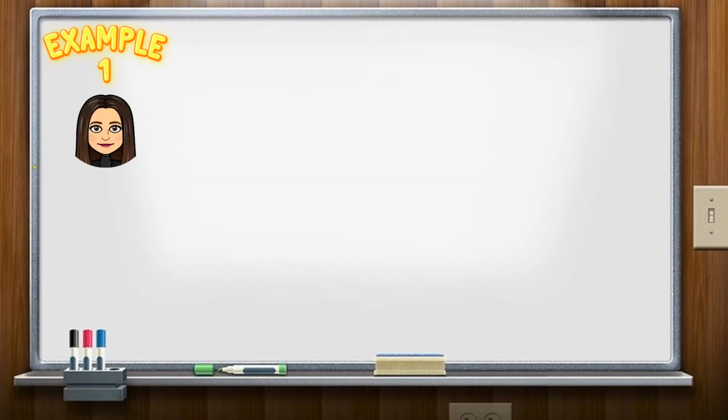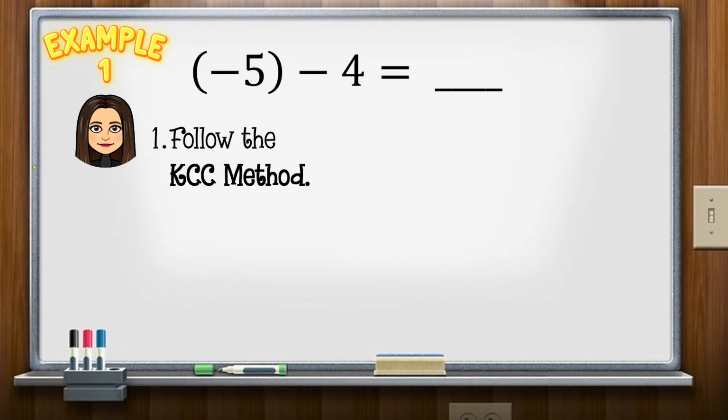So let's have example number 1. -5 minus positive 4. First rule, we follow the KCC method. Copying the given, we have -5 minus positive 4. For the K, keep the sign of the minuend.